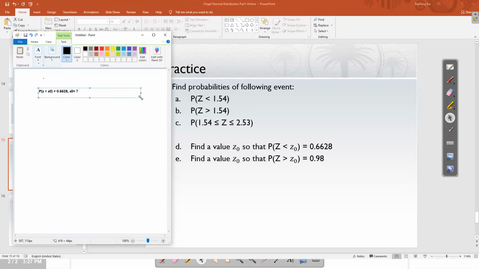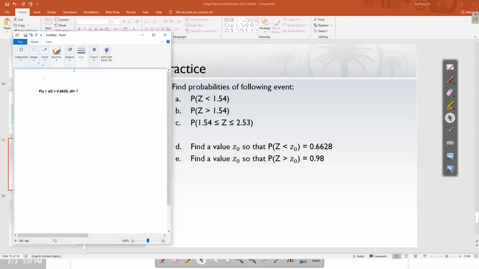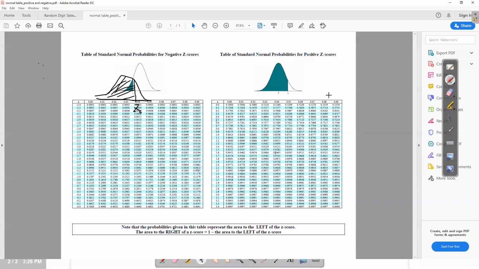If you are already familiar with the sign, you can figure out that you have a smaller-than sign that's consistent with the Z-table, so you don't need to do anything. If not, you can always draw a density curve. Make sure the area shaded is always to the left. That way, it's consistent with the Z-table. So you have a smaller-than sign, that means to the left, right? So it's consistent with our Z-table, then you can always just look up as is.